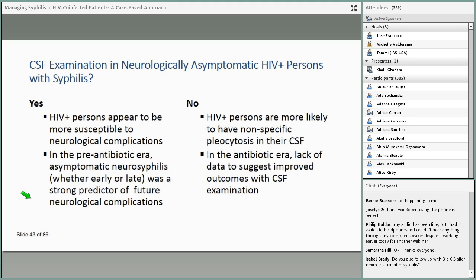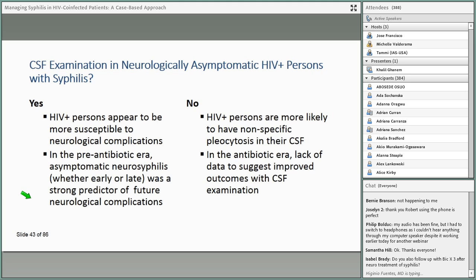The following is not a recommendation, but a statement that appears in the guidelines. HIV-positive patients with a CD4 count of less than or equal to 350 or an RPR titer greater than or equal to 1 to 32 are more likely to have CSF abnormalities consistent with neurosyphilis. And then the guidelines don't say anything after that, because there are no real data to support doing a lumbar puncture in these patients right now.